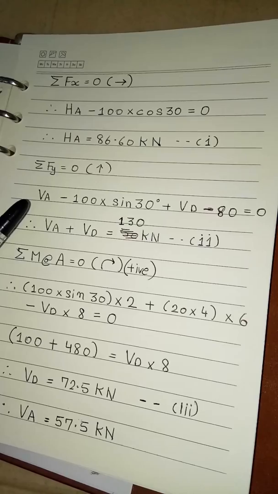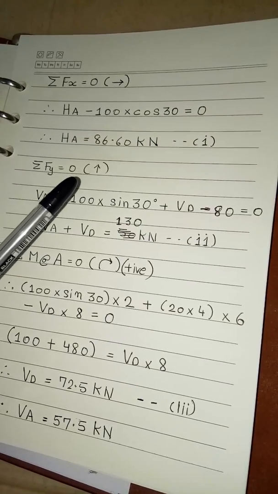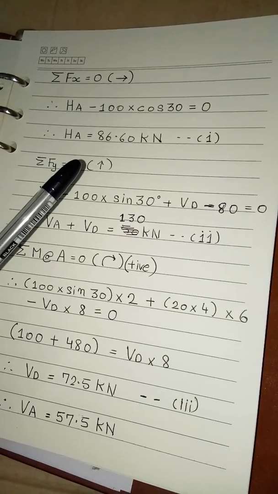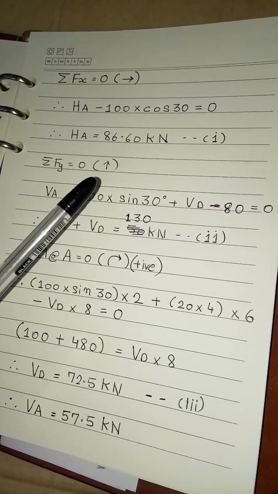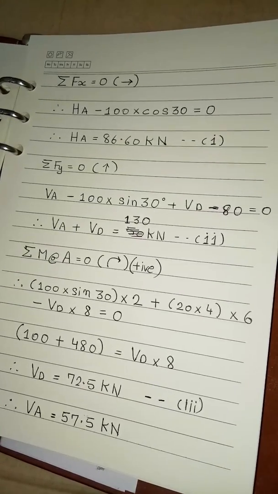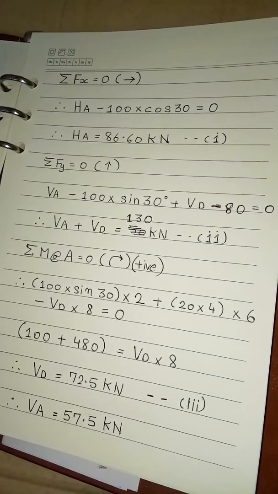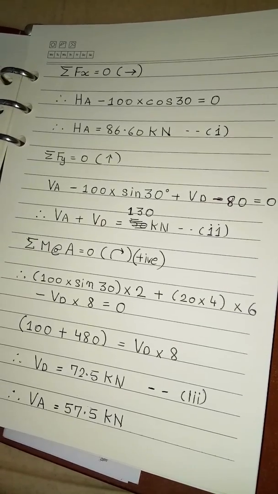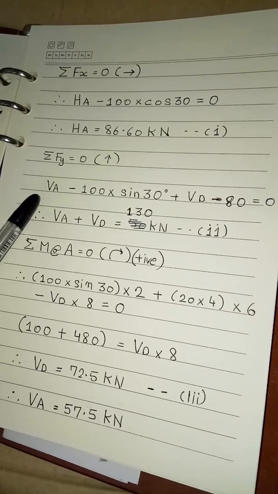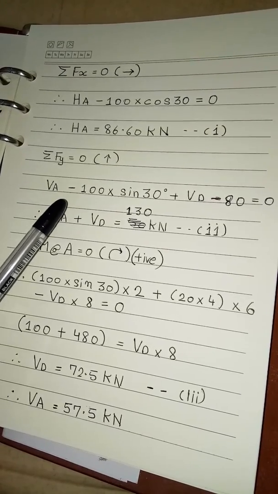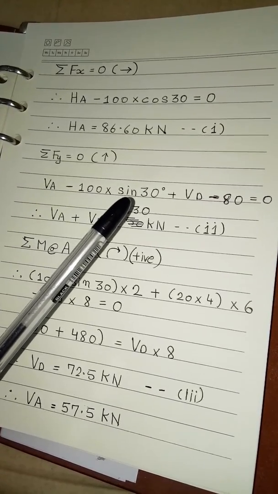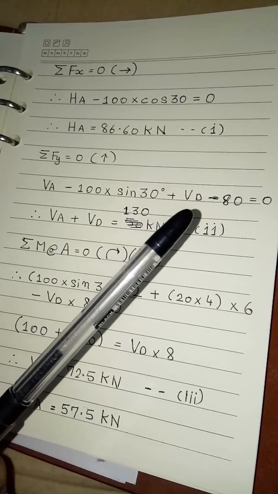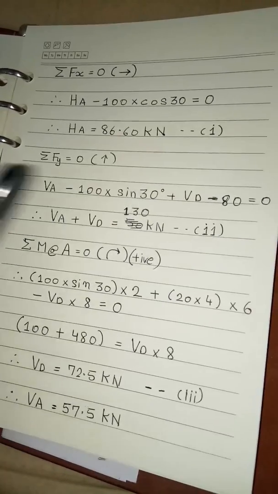Here I am assuming that all forces acting in the vertical upward direction are positive, and the forces acting from top to bottom are negative. So going by this, I'll say that VA minus 100 into sine 30 plus VD minus 80 is equal to 0.